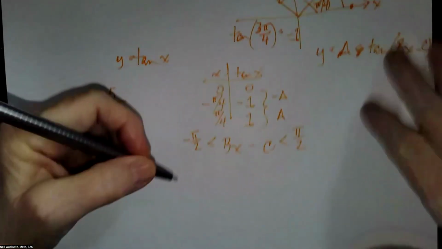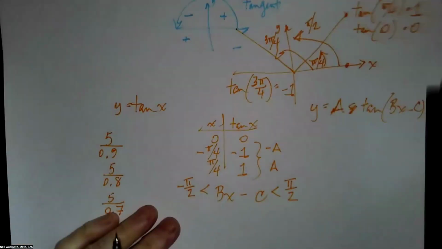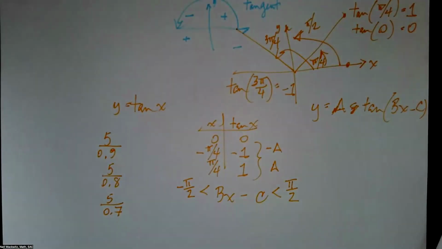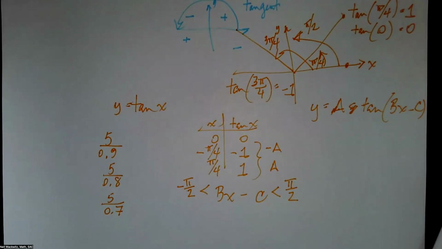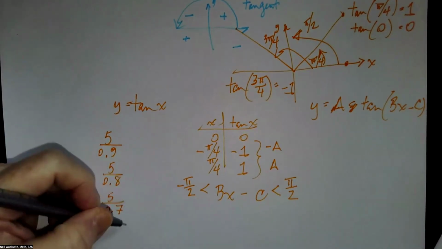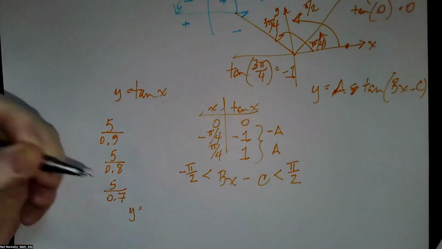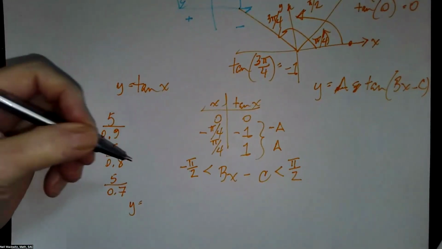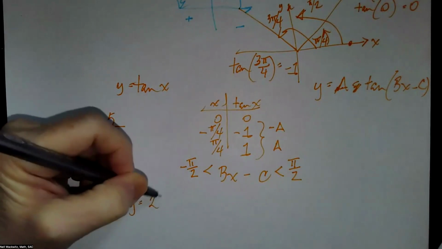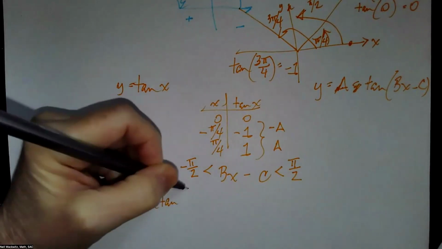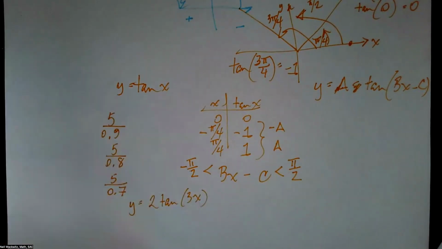So let's see. What if we had, I will do an example that's in here. What if we have y is equal to 2 tangent 3x?